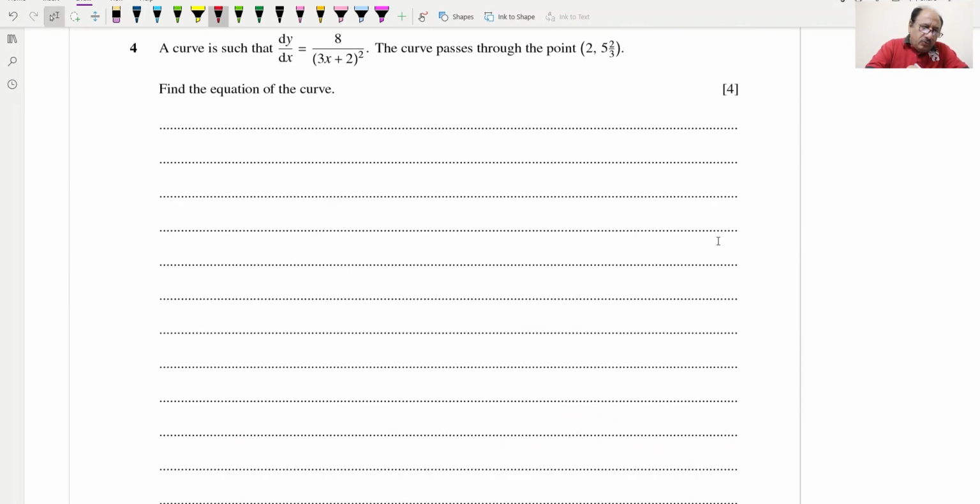Now question number 4. Question number 4 says a curve is such that dy by dx is equal to this one. The curve passes through this point. Find the equation of the curve. Now the gradient is given, and the curve passes through this point also.